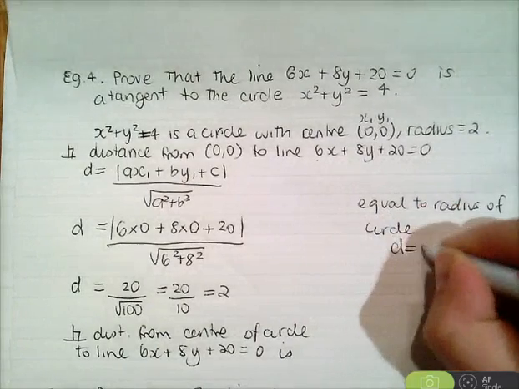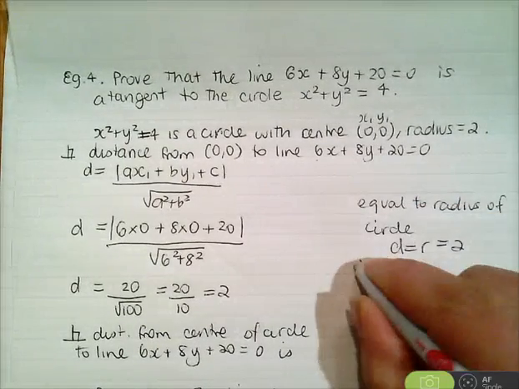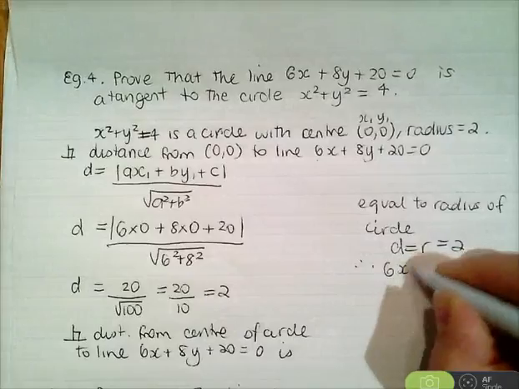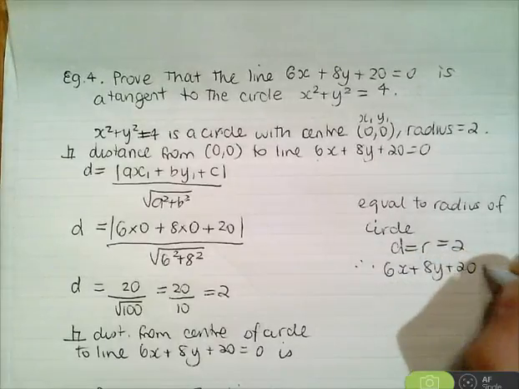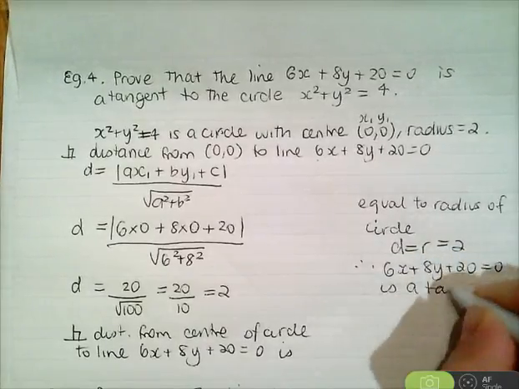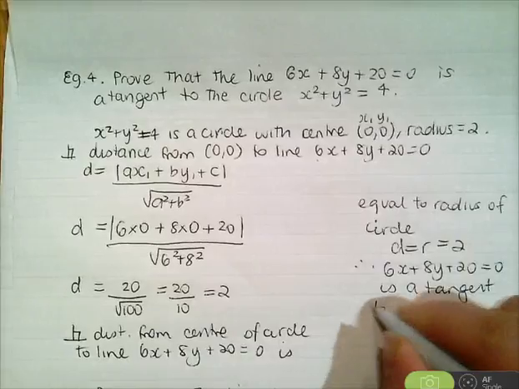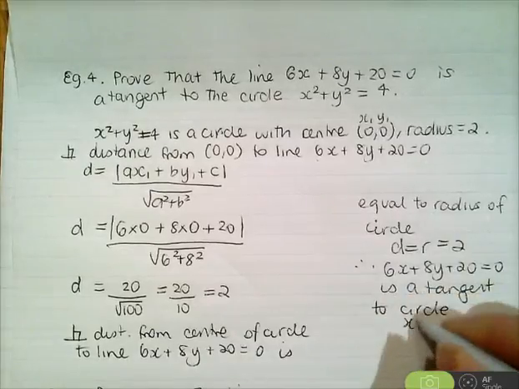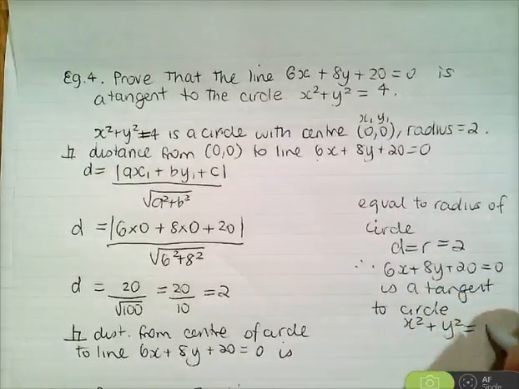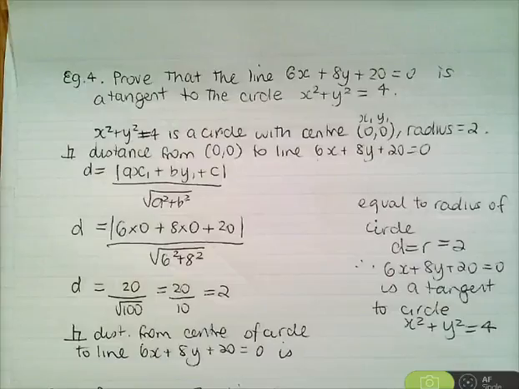In other words, D equals R, which equals 2. So therefore, the line 6x plus 8y plus 20 equals 0 is a tangent to the circle x squared plus y squared equals 4. Okay?